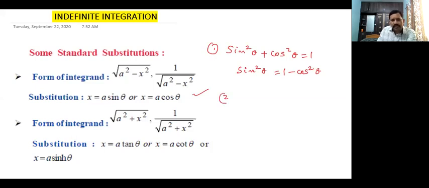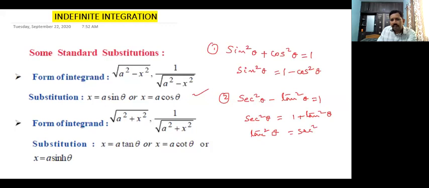What is the second identity? This is secant square theta minus tan square theta is equal to 1. What is secant square theta here? Secant square theta is equal to 1 plus tan square theta, or tan square theta is equal to secant square theta minus 1.